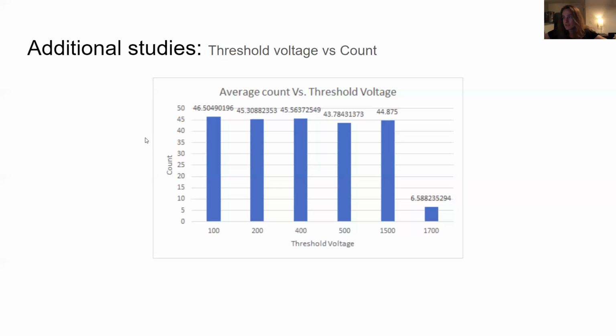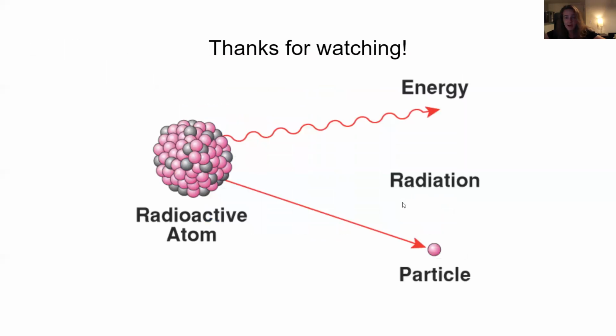We go from having a decently high count to a much decreased count at some voltage between 1500 and 1700 volts. I think the reason why we're still getting a count here is because we actually do have higher energy particles still coming from the source that are able to trigger this much higher one. But as you can see, there's like a discretized change that must occur. So maybe these are beta particles that we see here, and these are actually gamma particles. I'm not entirely sure. So that's all I have now.